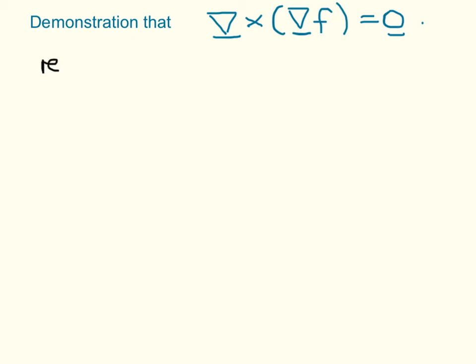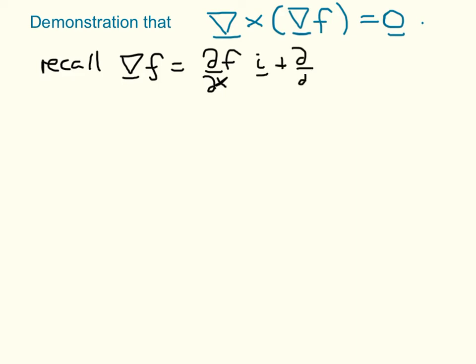So recall that the gradient of a scalar field is a vector d by dx of f i plus the derivative with respect to y of our scalar field j plus d by dz of our scalar field f k. So we have the gradient, which is a vector operator, and this is the vector field that it generates from a scalar field f.